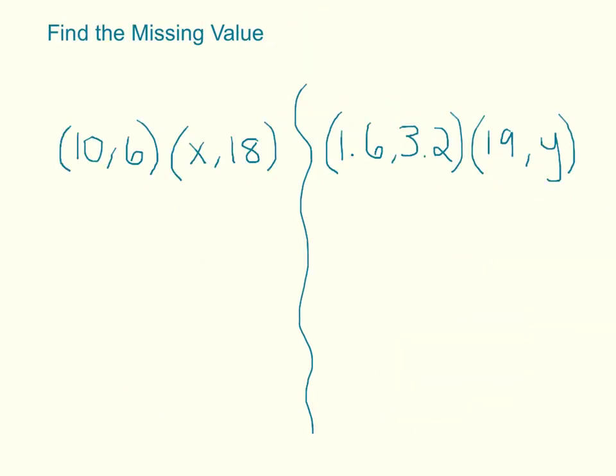In these next examples, we're going to assume that the points given represent points on a direct variation equation. If these represent direct variation, y equals kx, it also means that the ratio y divided by x is proportional. So we can set up a proportion to solve for the missing value, the variable.